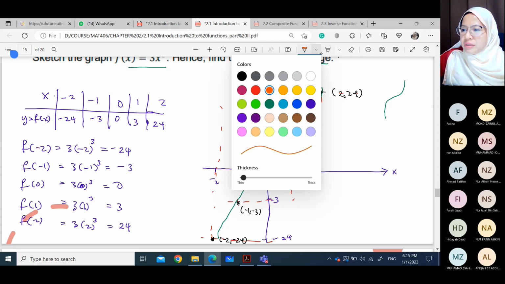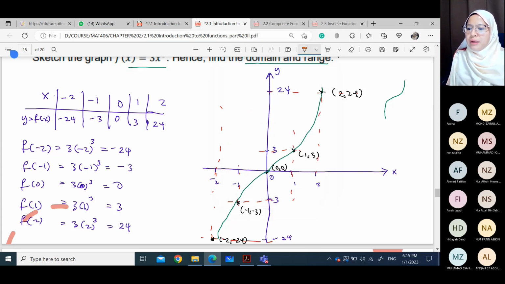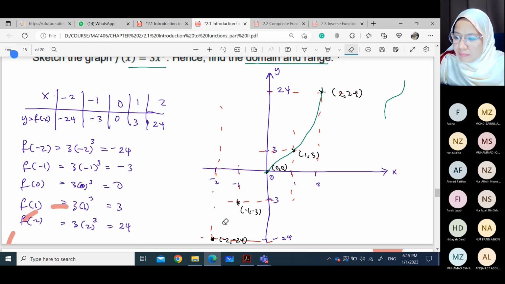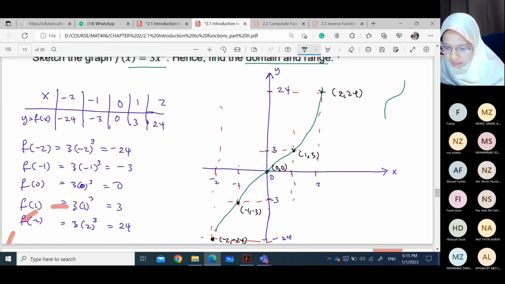Sekarang kita nak tengok range dia pula. Domain and range. Yang ini patut di sini ya. Salah buat ni. Menyentuh pada semua titik-titik yang kita dah dapat tadi. Menyentuh pada titik-titik yang kita dapat tadi. Okay? Right.